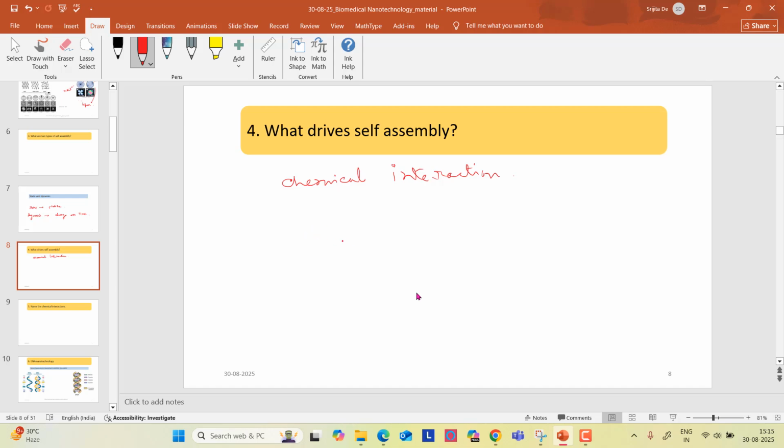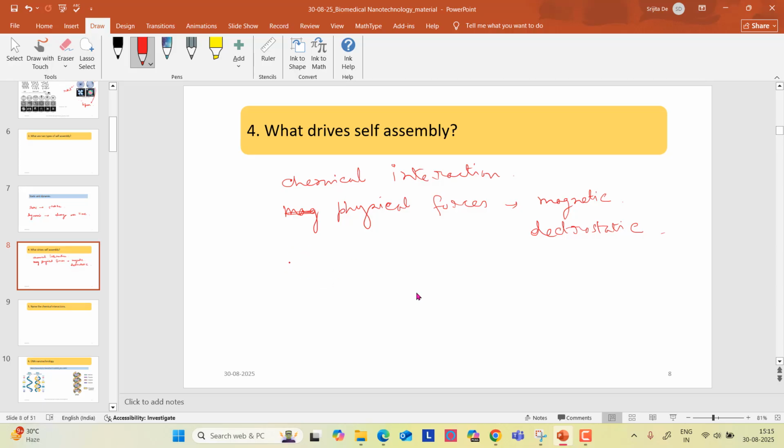Next is physical forces, like magnetic force. Then comes the electrostatic force, right?